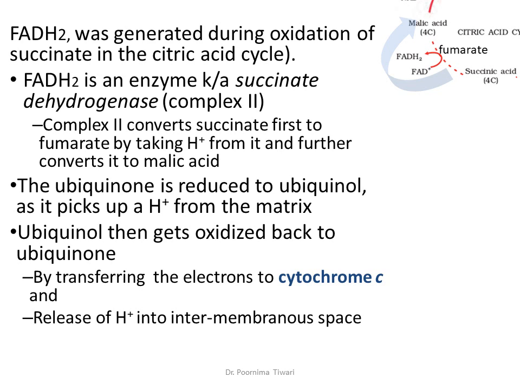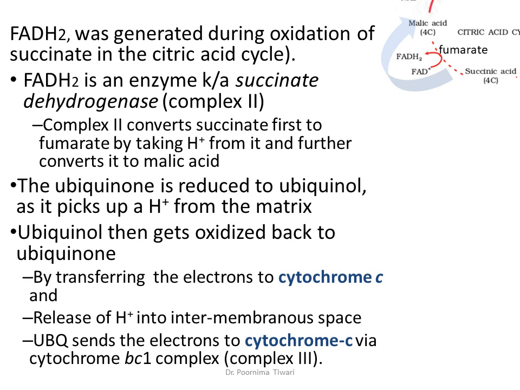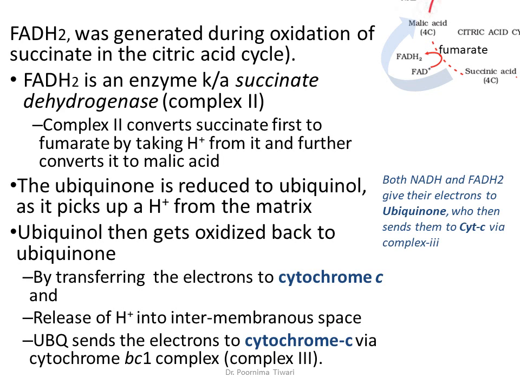Remember, this H ion was picked up from the matrix. Ubiquinone ultimately sends electrons to cytochrome C via the cytochrome BC1 complex, or complex 3. So both NADH and FADH2 give their electrons to ubiquinone, which then sends them to cytochrome C via complex 3.